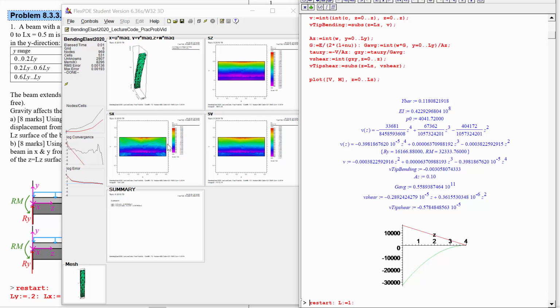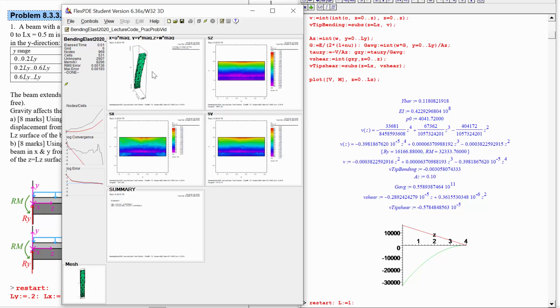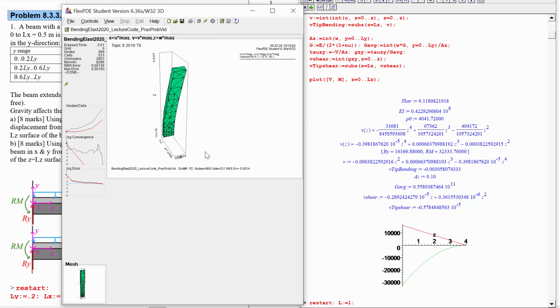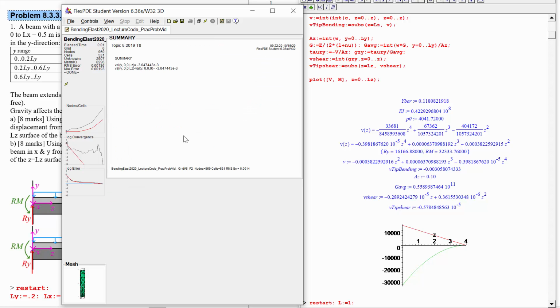So most of this difference then is either the numerical error in FlexPDE, or the large displacement bending, the small angle stuff that we're skipping when we do this beam equation in Maple, or the anchors. And it seems like the anchor is responsible for most of the small discrepancy. But it's not much of a discrepancy, and that's why the answer is still very close to the thing that we calculated here. Okay, so that's it.